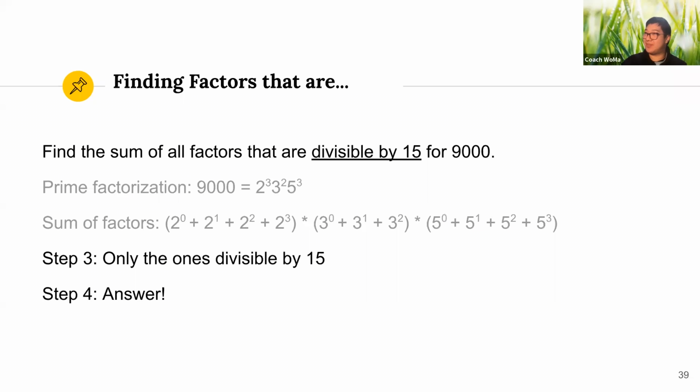I was wondering if anyone knows what we would do to make sure that all the factors we're summing are divisible by 15. Some of them are going to be divisible by 15 and some of them aren't. And we want to modify this so that we don't include the ones that are not divisible by 15.